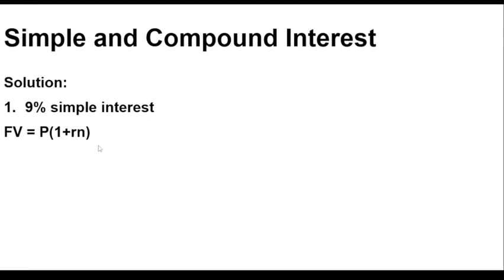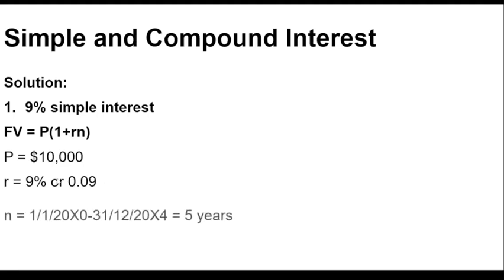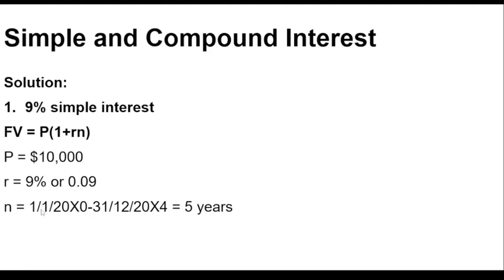Our principal is equal to 10,000. Our rate is 9%, which is usually expressed as a decimal, 0.09. And the number of years is from 1st January 20x0 to 31st December 20x4, so that is equal to 5 years. That is 20x0 inclusive, 20x1, x2, x3, and then x4.